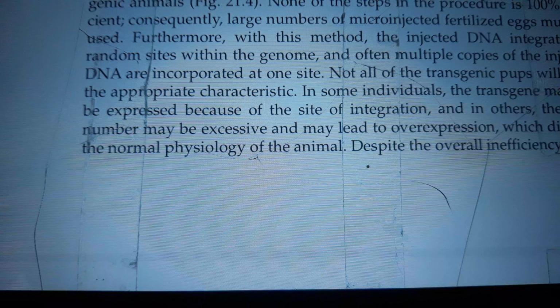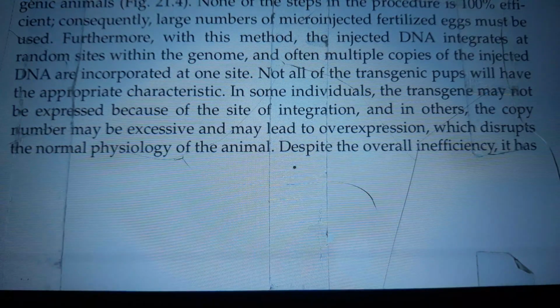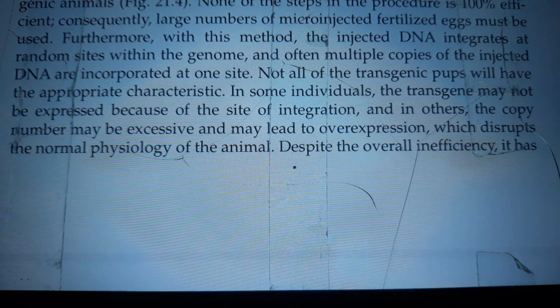None of the steps in the procedure is 100% efficient. Consequently, large numbers of microinjected fertilized eggs must be used. Furthermore, with this method, the injected DNA integrates at random sites within the genome, and often multiple copies of the injected DNA are incorporated at one site.